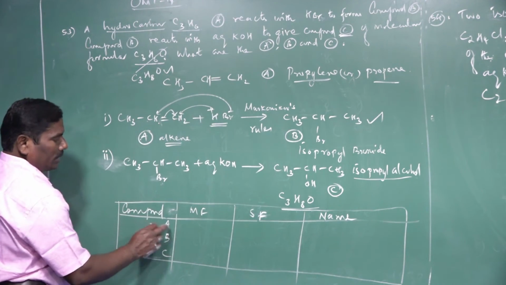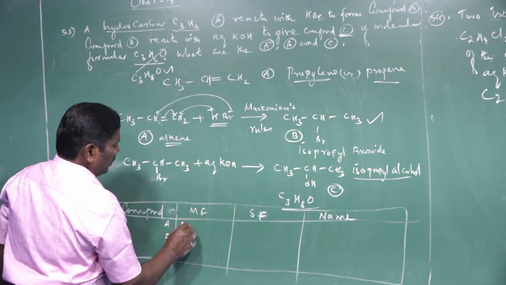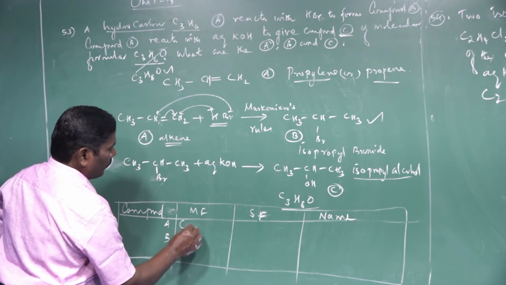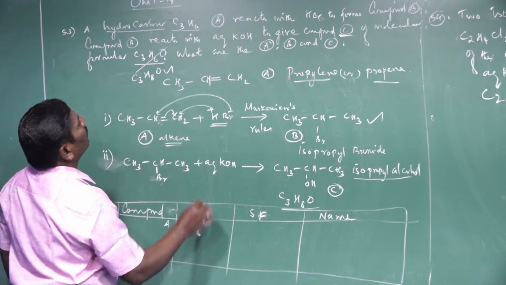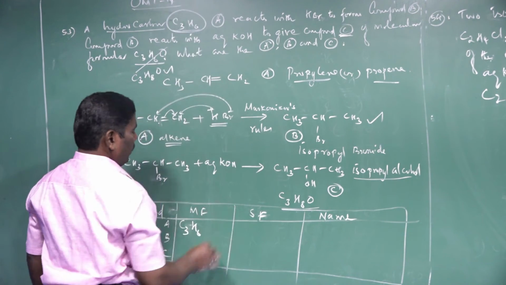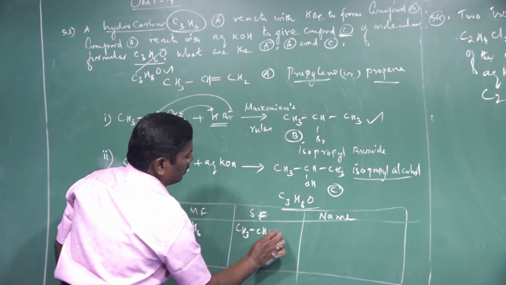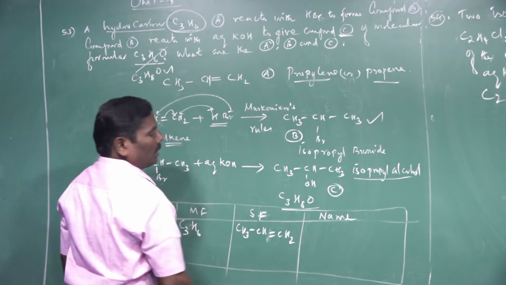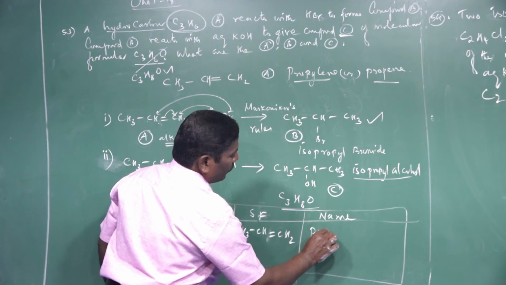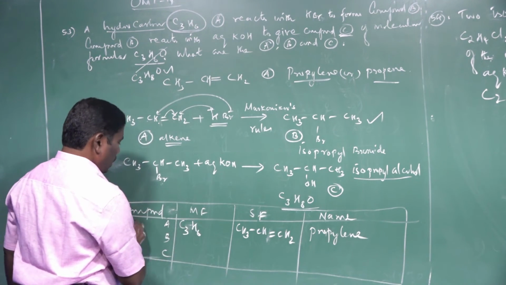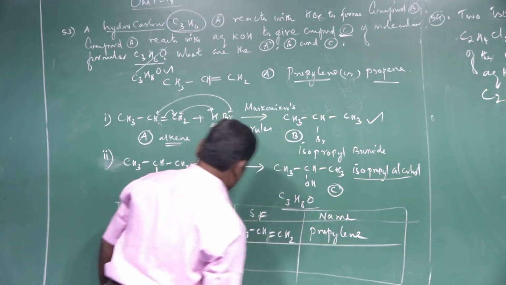Compound A: molecular formula C3H6, structural formula CH3CH=CH2, name propylene.